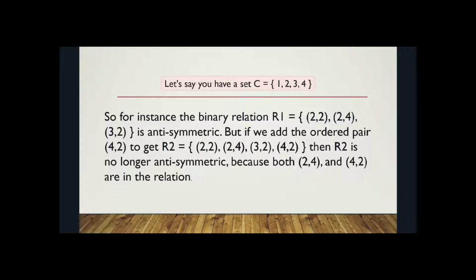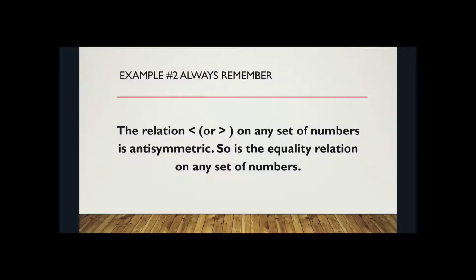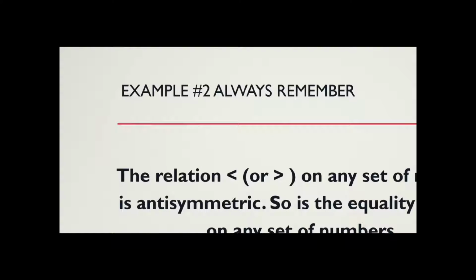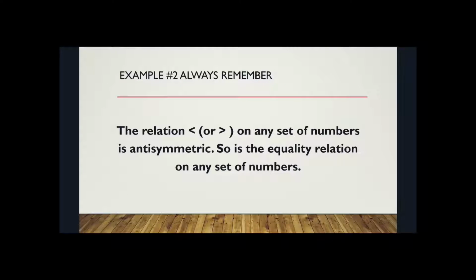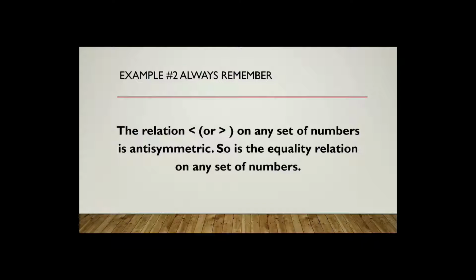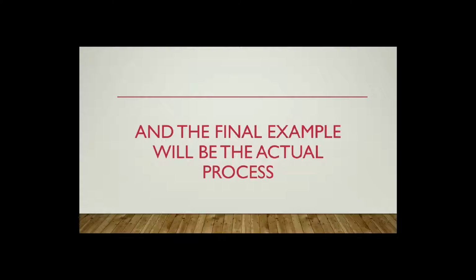Example number 2 is just a reminder about greater than and less than symbols on any set of numbers. R is a relation in set A. If (A, B) belongs to R and (B, A) belongs to R implies A is equal to B, then R is said to be antisymmetric.